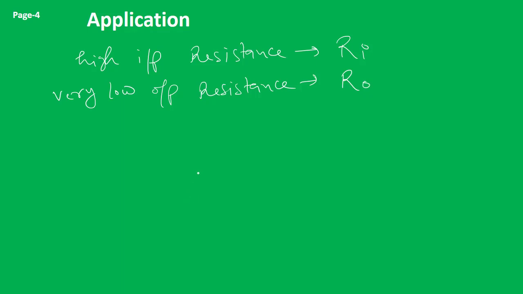In previous cases we have seen low input resistance and high output resistance, but here it is the other way. Due to this, the voltage gain provided by this circuit is always less than unity.